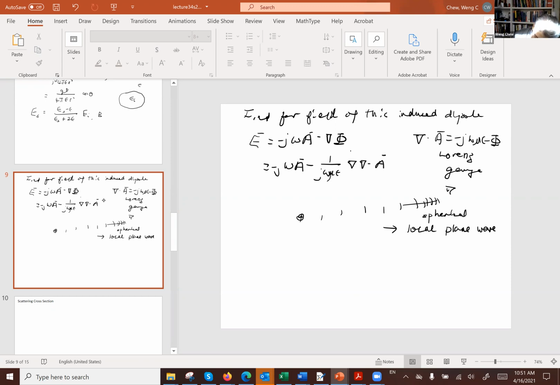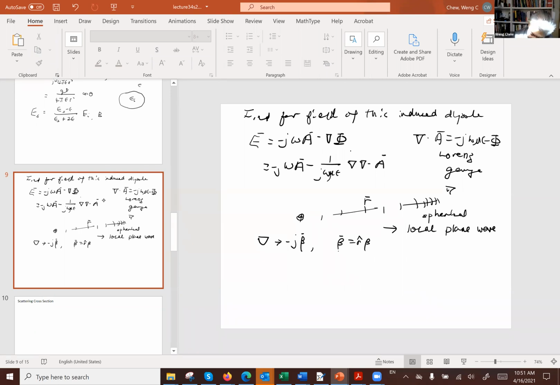And hence, since it looks like a plane wave, my del can be replaced with minus j beta. If this is the r direction, then beta is essentially r hat beta. So the k vector or the beta vector, which is the wave vector of the wave propagating, points in the r hat direction.